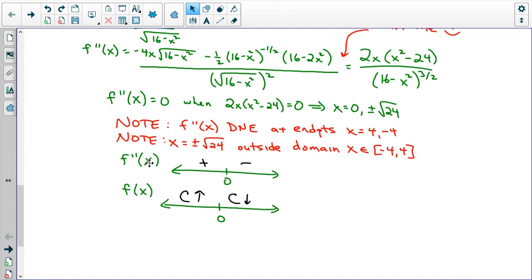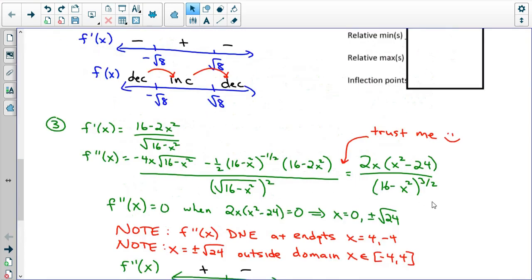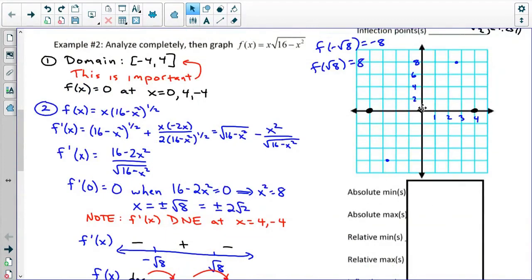If I take f double prime, 0 is a critical point of f double prime, and it changes from concave up to concave down. So at this point 0, I need to change from concave up to concave down. So what I have is a minimum value at this blue point, negative root 8, and the function is concave up all the way from negative 4 to 0.